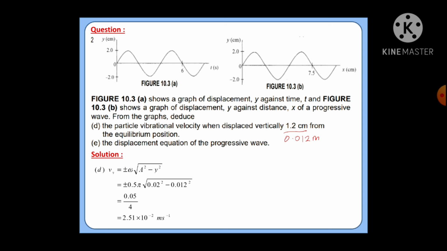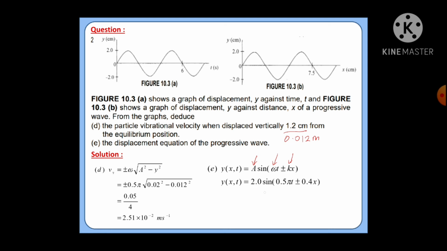For question number 2e, the displacement equation of the progressive wave, we need to write down the equation of the progressive wave referring to the information that we have. We refer to the general equation for the progressive wave, and we need to identify the amplitude, frequency, angular frequency, and also the wave number.